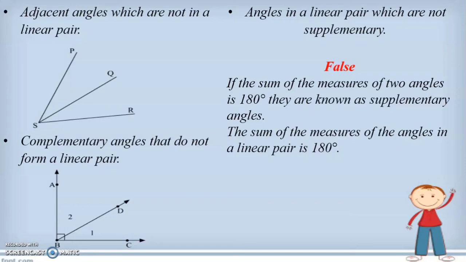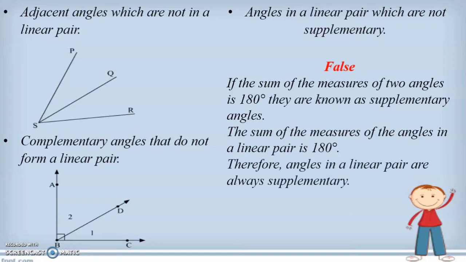So the supplementary angles sum to 180 degrees and the linear pair angles sum is also 180 degrees. So angles in a linear pair are always supplementary angles.